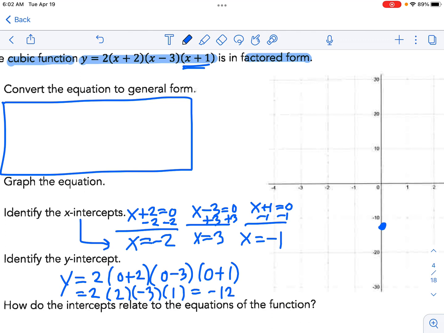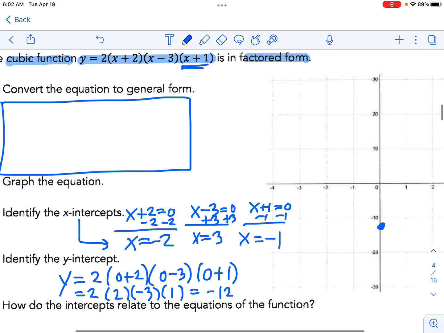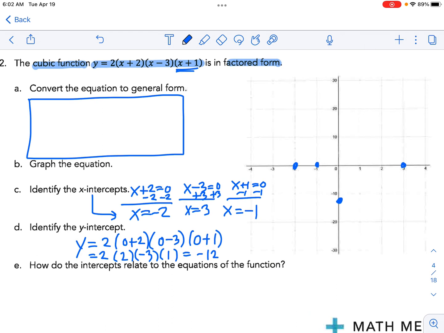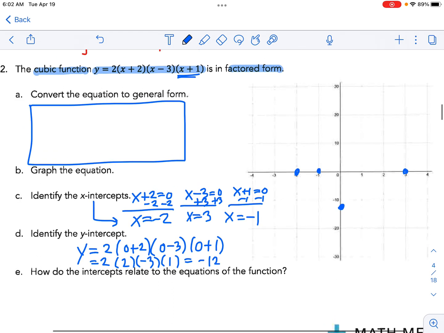Negative 12, excuse me. So we end up having the same y-intercept because that last factor was x plus 1. So we have x-intercepts of negative 2 and 3, just like we did before. And then we have this new x-intercept of negative 1. So we've got to cross in those places.